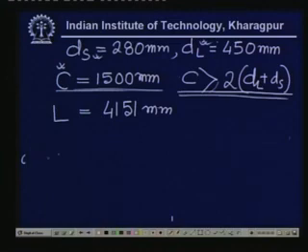Now make this value lesser by approximately 1%. If you make it lesser by approximately 1%, then the initial belt tension will be taken care of.